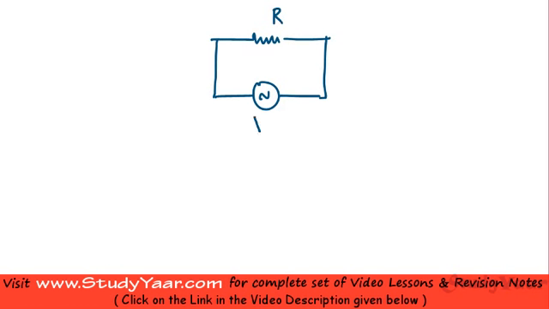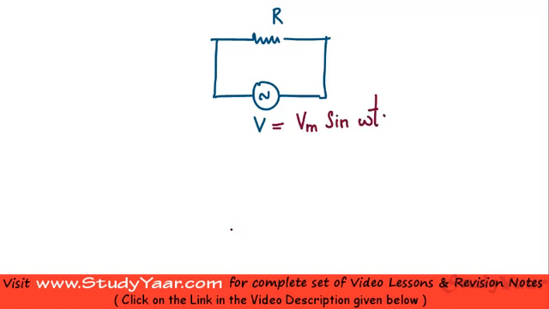Let's just say you have your AC voltage, and you now apply a resistor across it. Let's say this is R and this is V. We are going to assume V is given by Vm sine omega t.